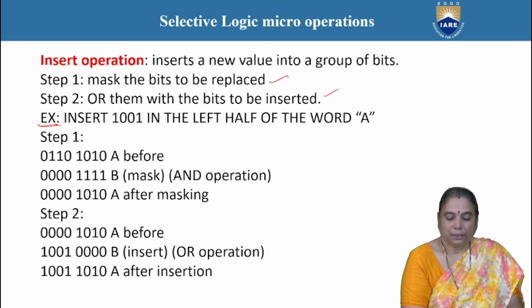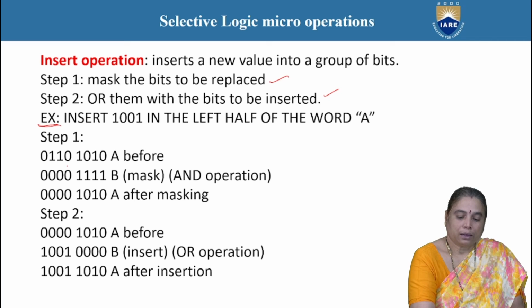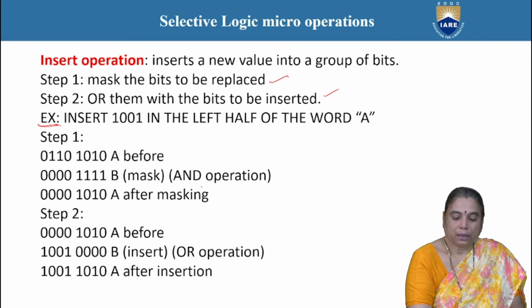We have to apply the mask operation. Whenever there is a 0 in B, the corresponding bit in A is cleared by applying the mask operation, as we did previously. After applying the mask operation, the A register value is this.